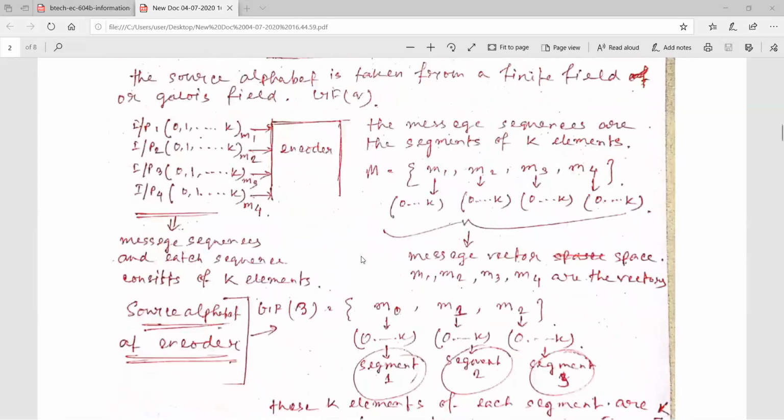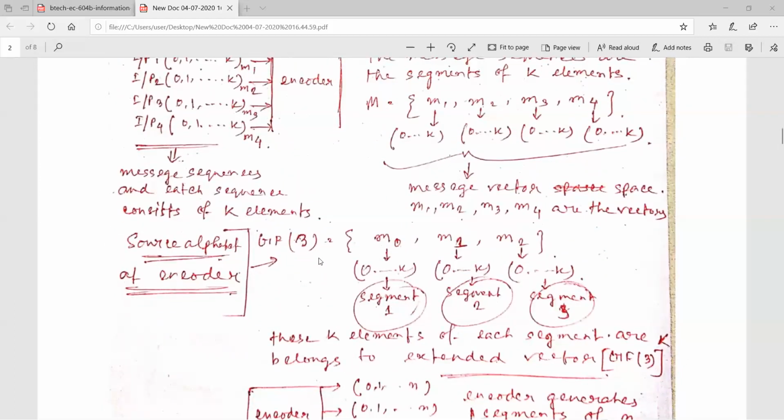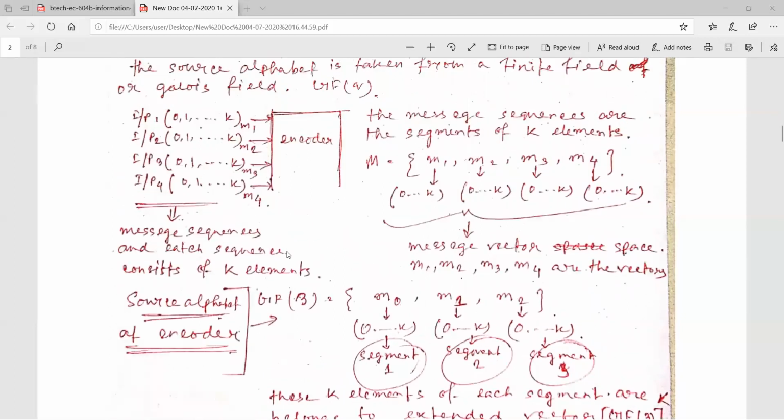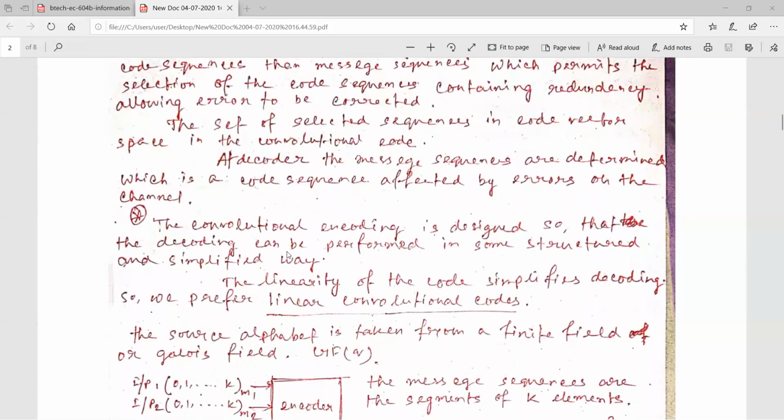Now you can see that there is a term GF, that means Galois field. What is the purpose of this Galois field? This is nothing but a finite field. We know from our previous lecture that a Galois field is a finite field, that means it consists of a finite number of elements.